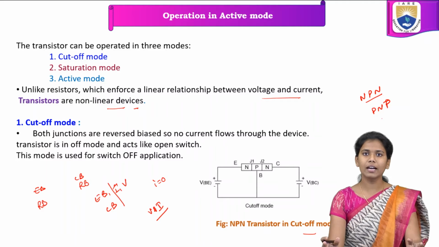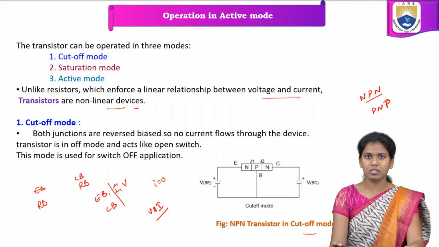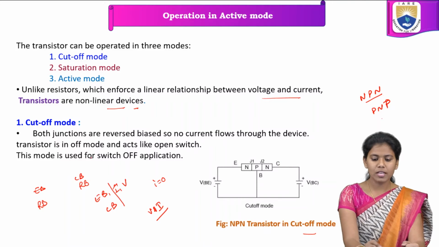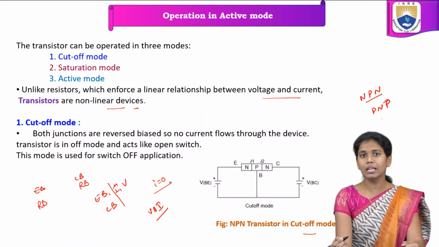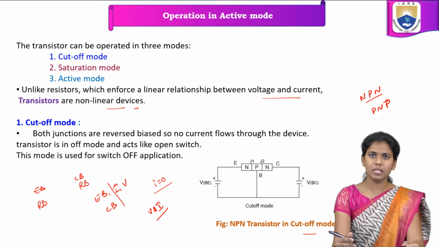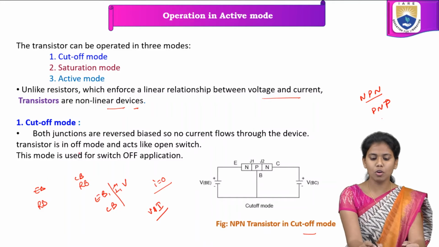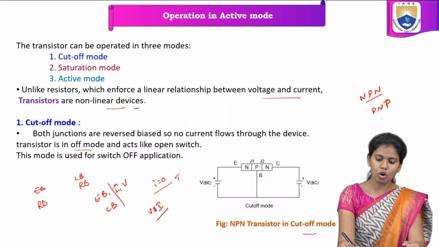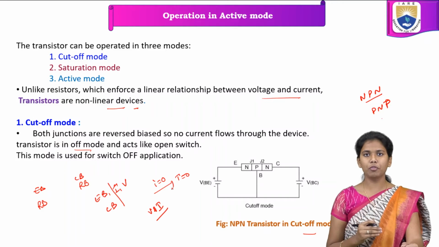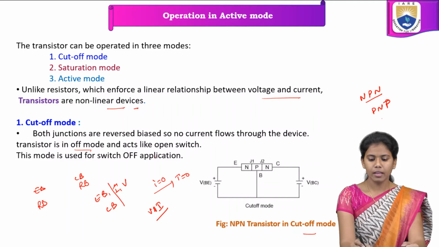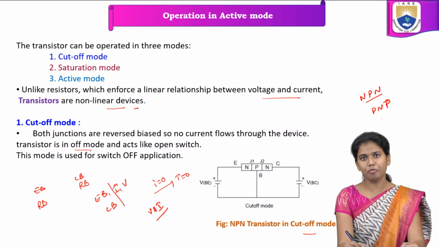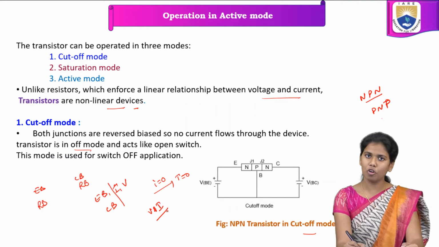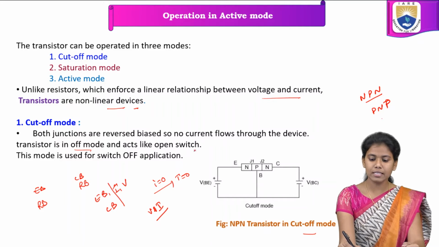There is nil current flowing between the junctions, the emitter-base junction and the collector-base junction. When no current is flowing through the junctions, the transistor is in the off mode, which means it acts as an open switch.